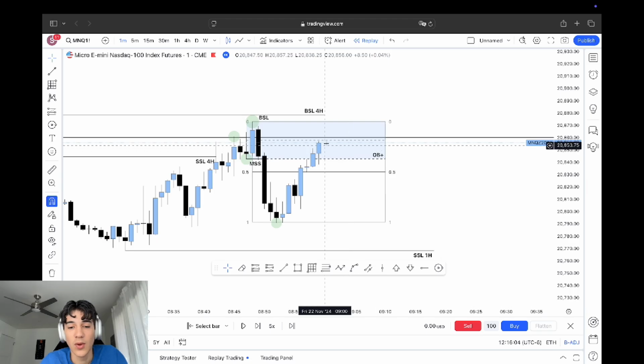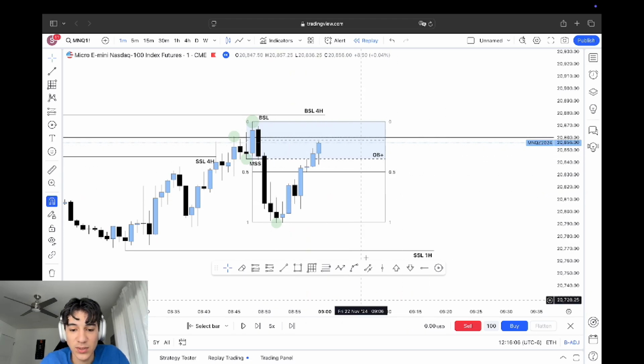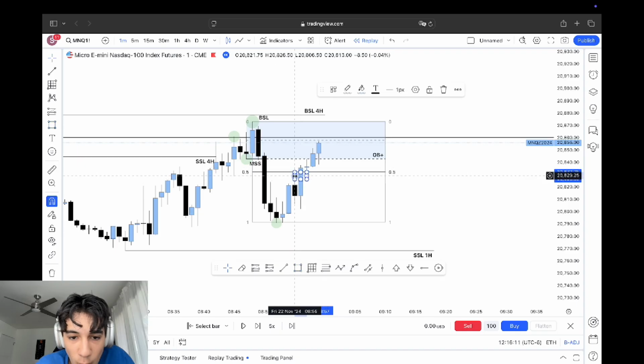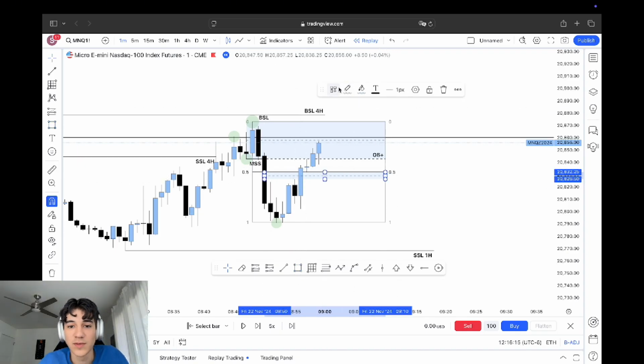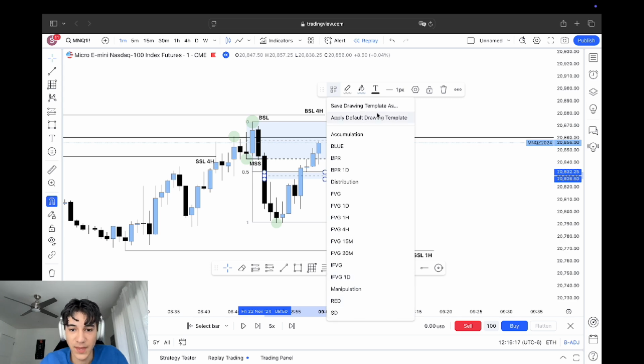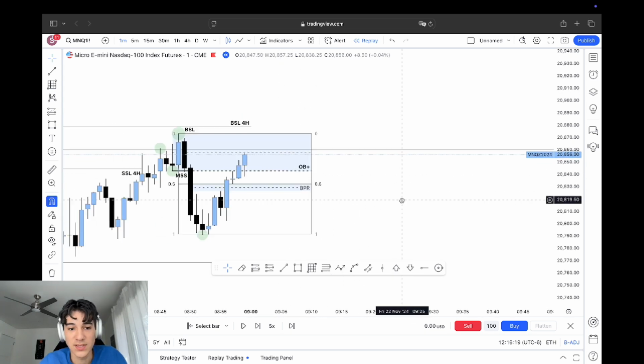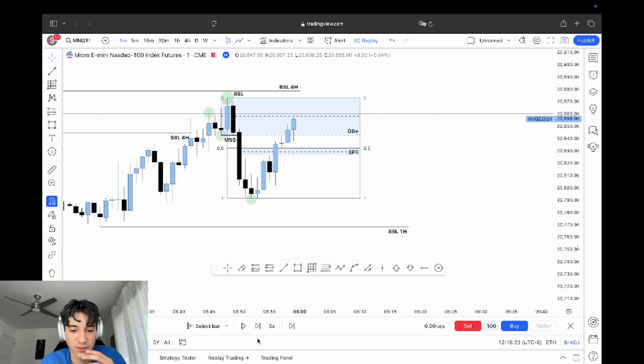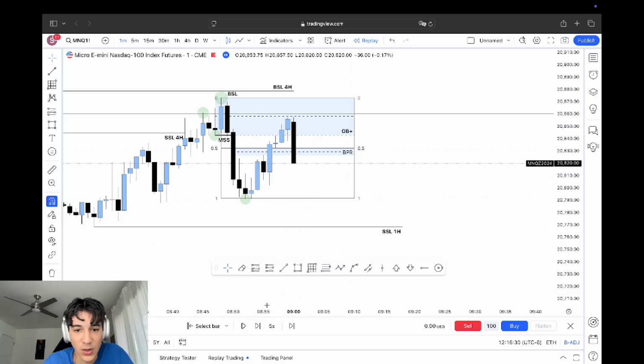We can see that price retraced into this. I want to see a rejection out, and then we also have this BPR, which is just two imbalances on top of each other. That's below this, so I want to see how price reacts to this BPR.